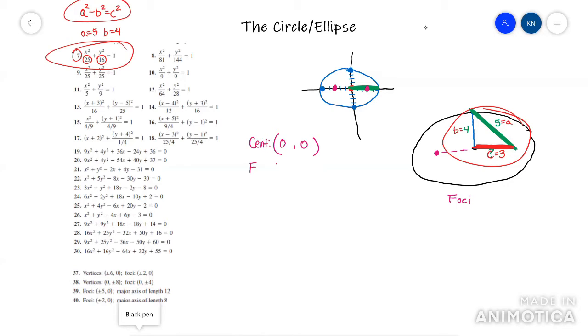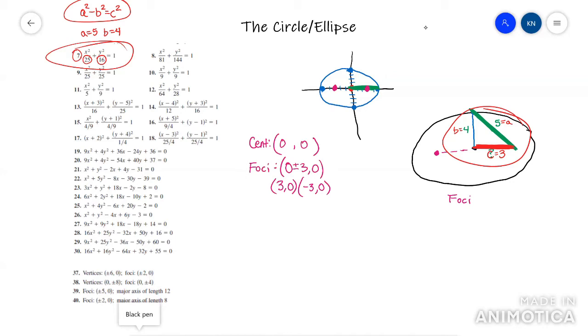And to get to the foci, this one would be affecting my x values since it's left, right. So it'd be 0 plus minus 3 comma 0, because that would give me 3 comma 0 and negative 3 comma 0. I hope that made sense. That's an important piece of information to have.